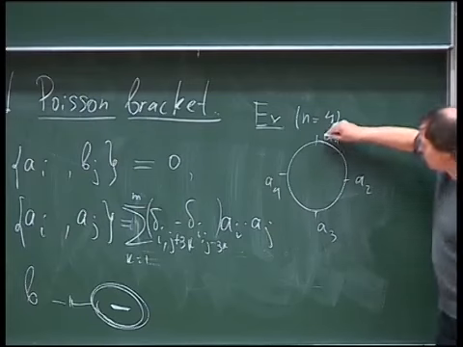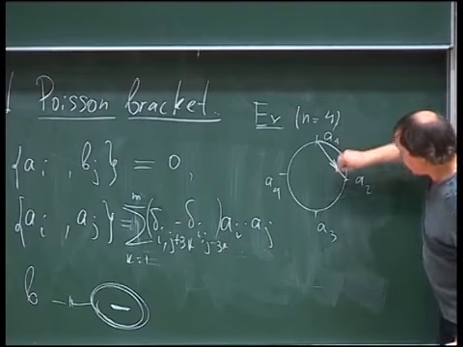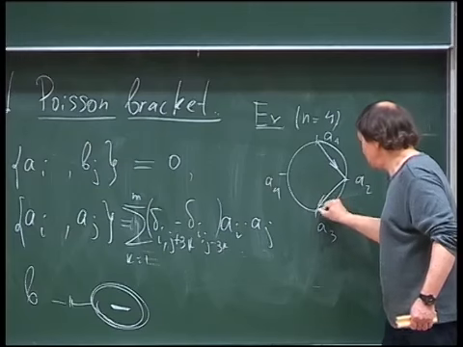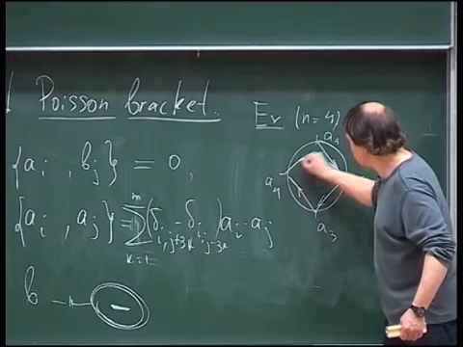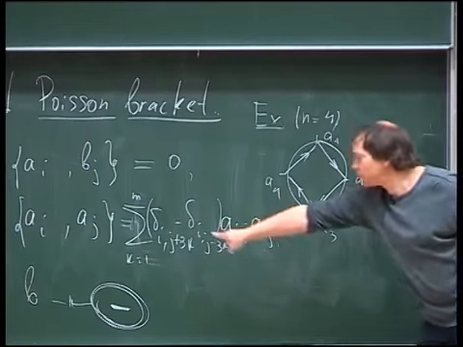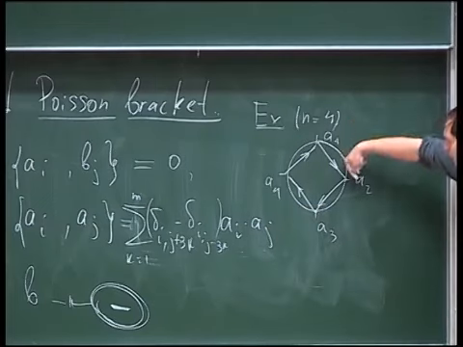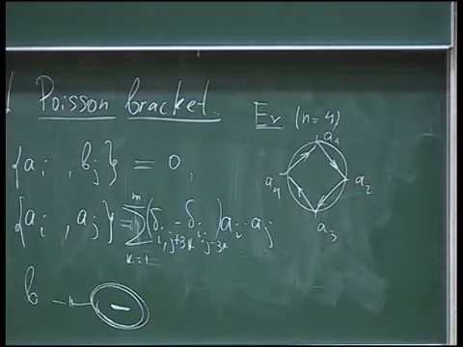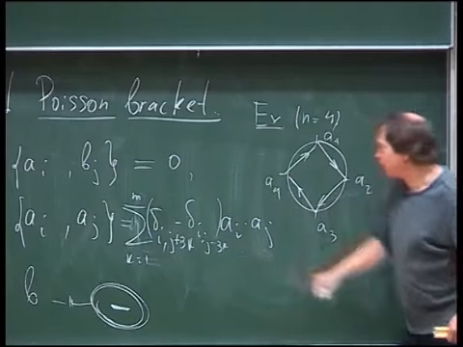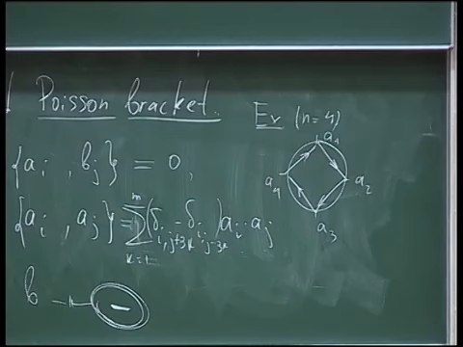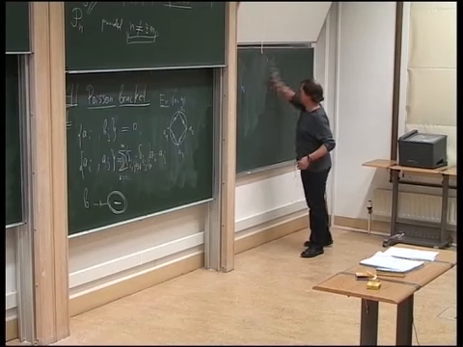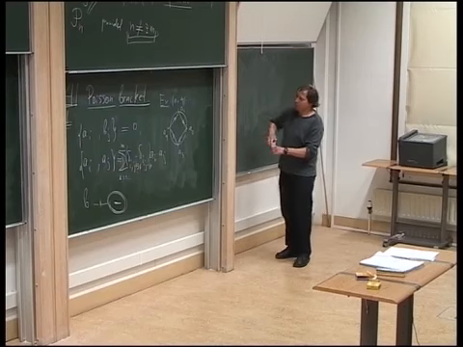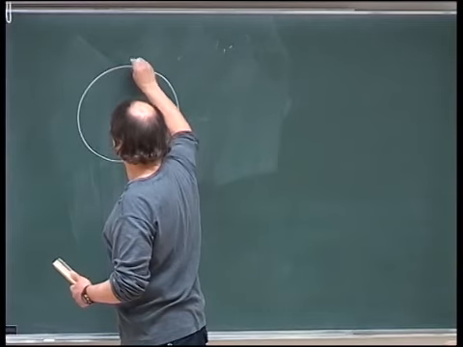And we see that they are related in this way. This is the formula, and this arrow direction means the plus or minus sign. Another example, n equals 5. We have 5 coordinates A and 5 coordinates B, of course.